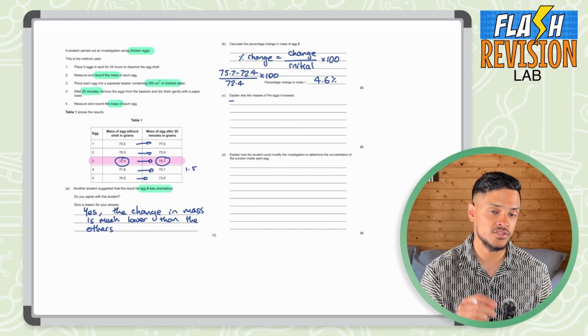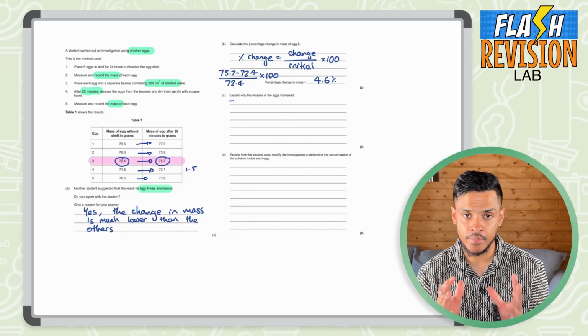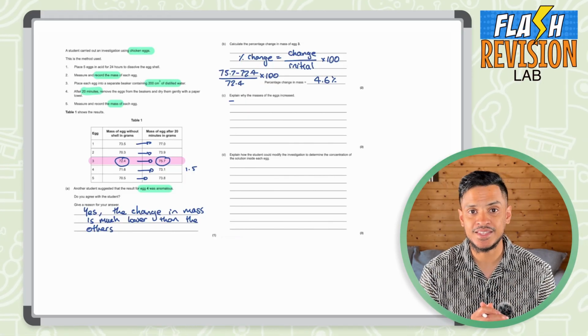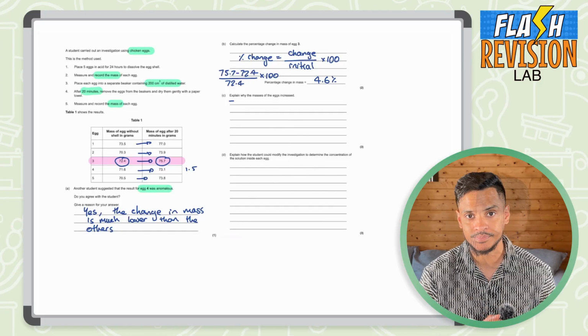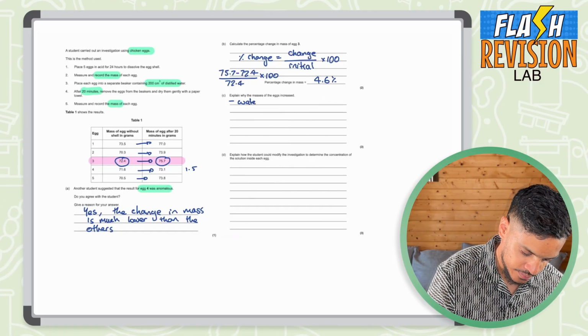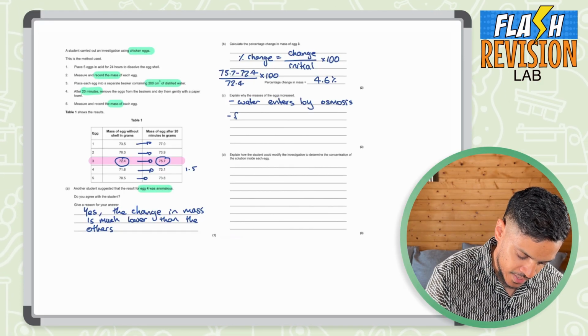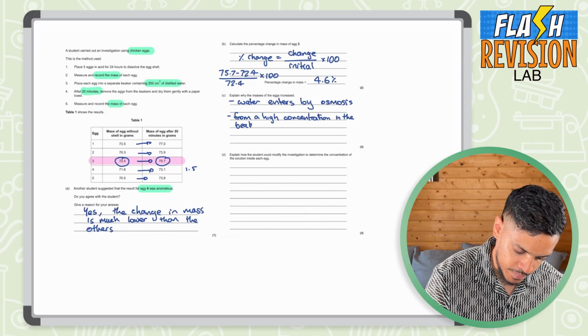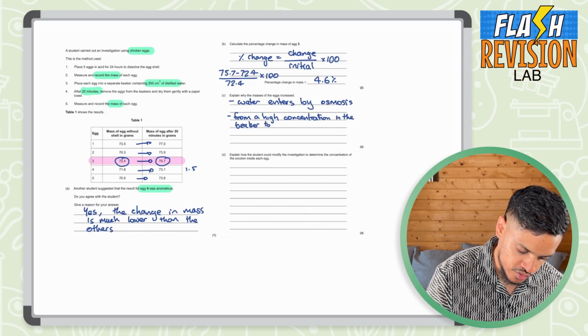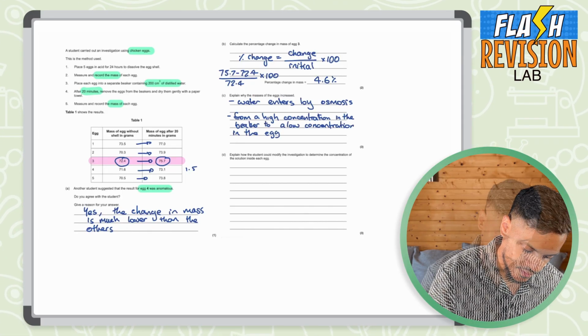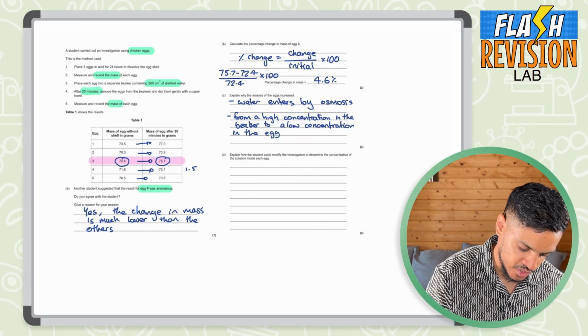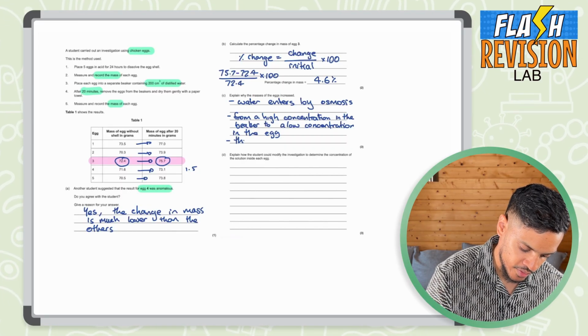So it has to pass through the partially permeable membrane of the egg, and then it makes it heavier, the mass increases. So we can say water enters by osmosis from a high concentration in the beaker to a low concentration in the egg. And then to get that third mark, mention the partially permeable membrane whenever you get a question on osmosis.